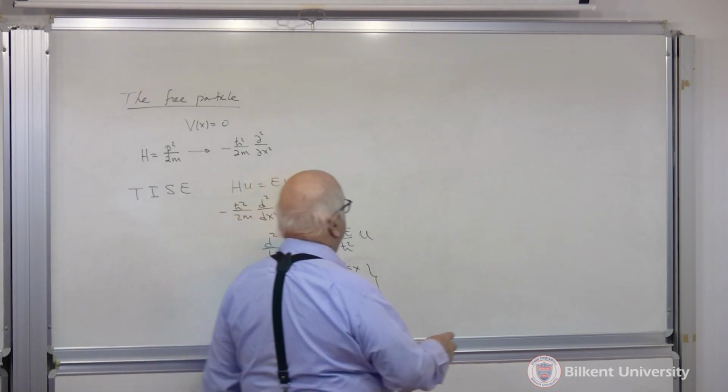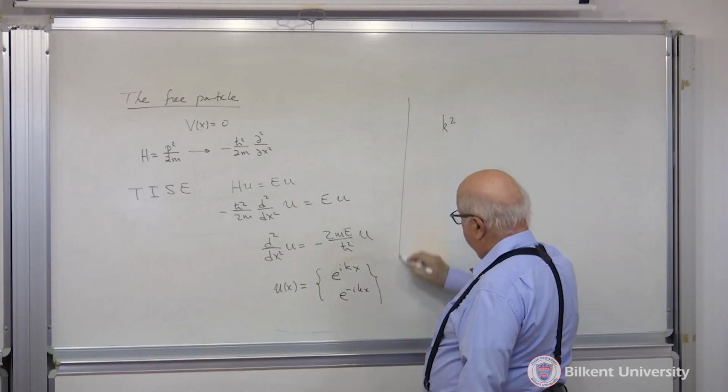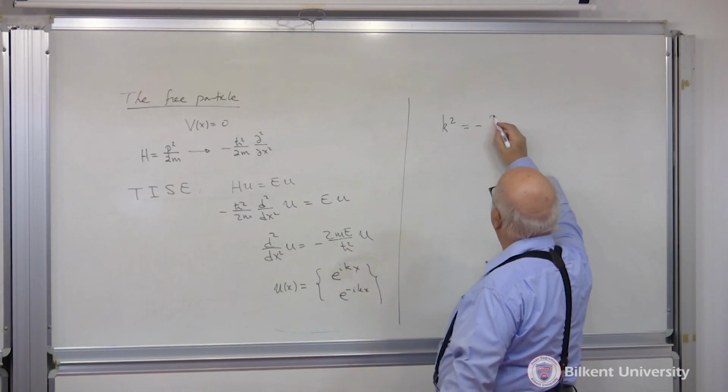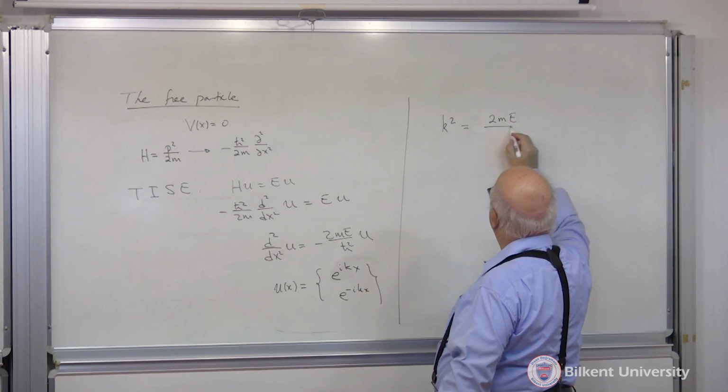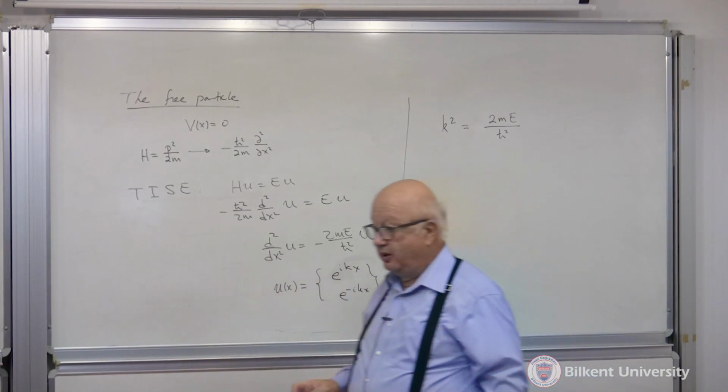but I have to make sure that k squared is equal to, no, just plus 2mE over h bar squared. Okay?